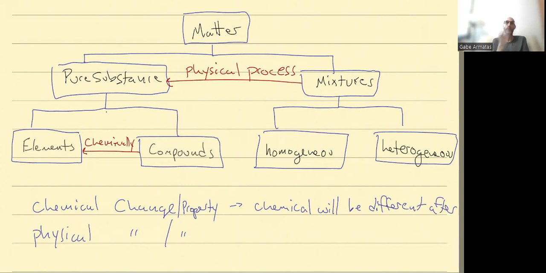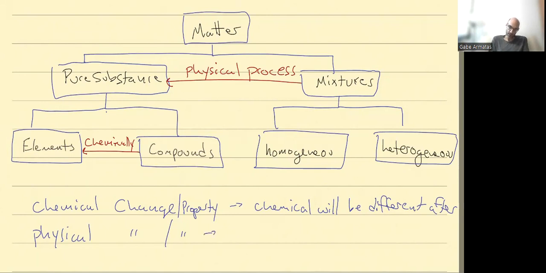So if I burn wood, it was cellulose to start, a bunch of carbon, hydrogen, oxygen together in a fixed ratio. It was a molecule before, and now it is just carbon and water. So in a chemical change, you had the wood at the beginning, you don't have it at the end. If I burn sugar, sugar starts as sugar, it ends up as something else. It's no longer sugar at the end because now it's burnt.